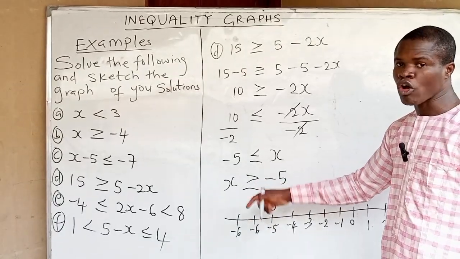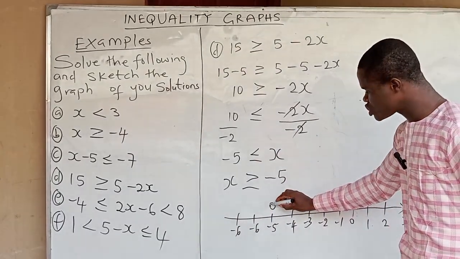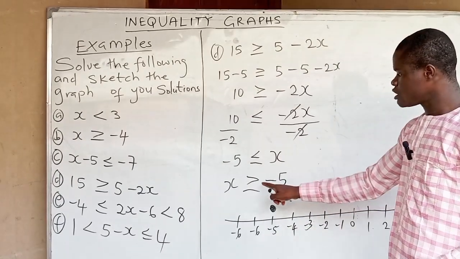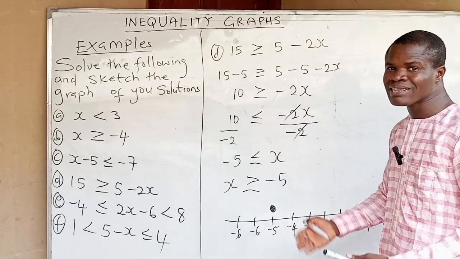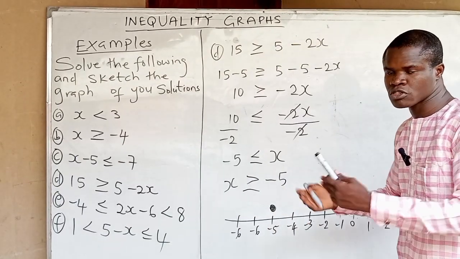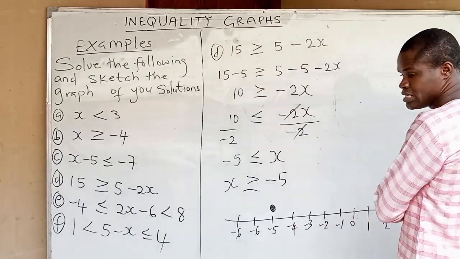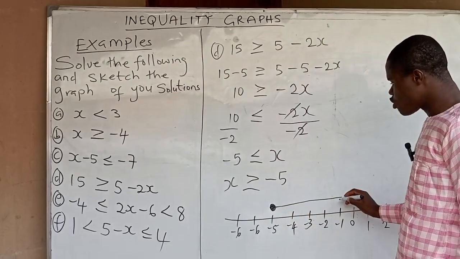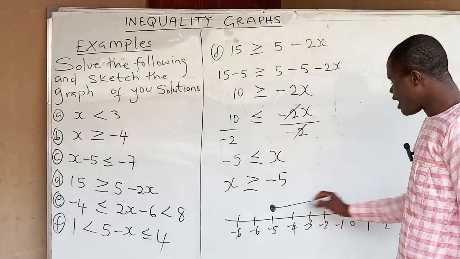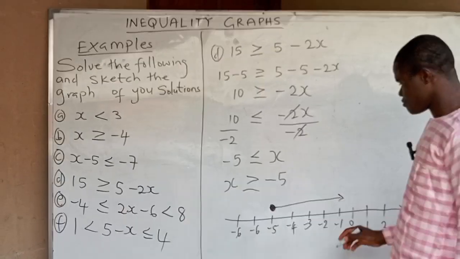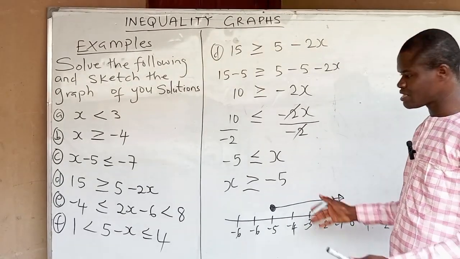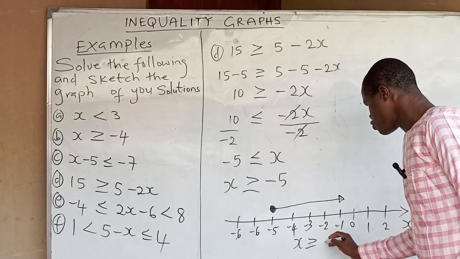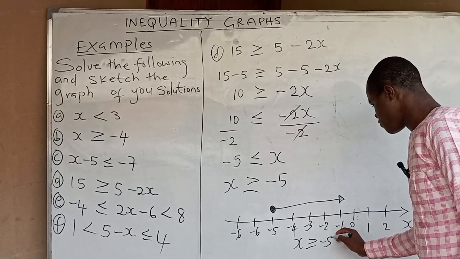Since it is greater than or equal to, we are going to shade the circle. And then numbers that are bigger than minus 5 are definitely numbers in this direction, on your right hand side. So our arrow will point towards the right, and it can stop anywhere. So this is a graph of x is greater than or equal to minus 5.